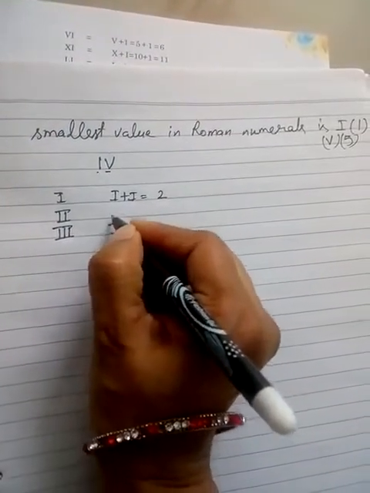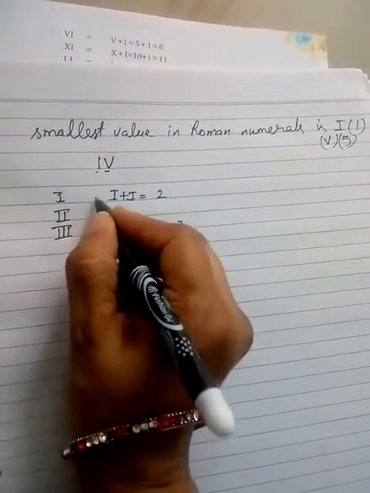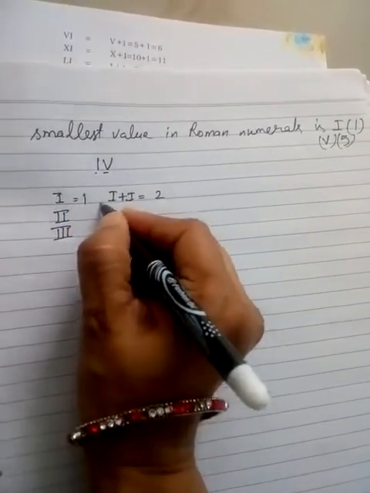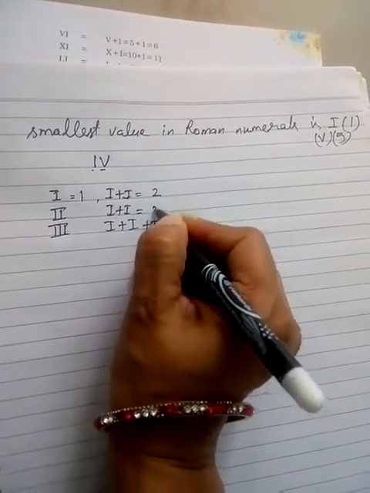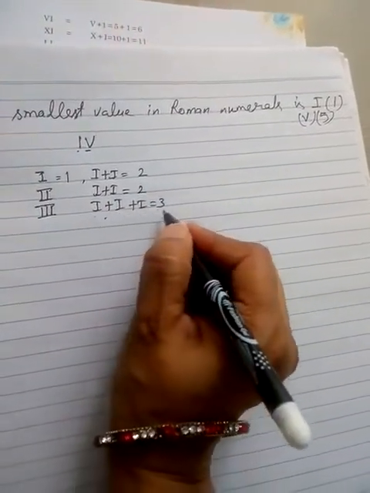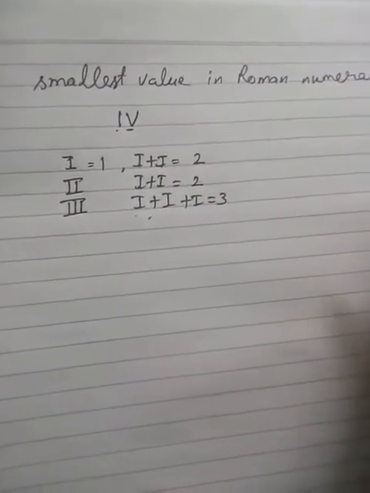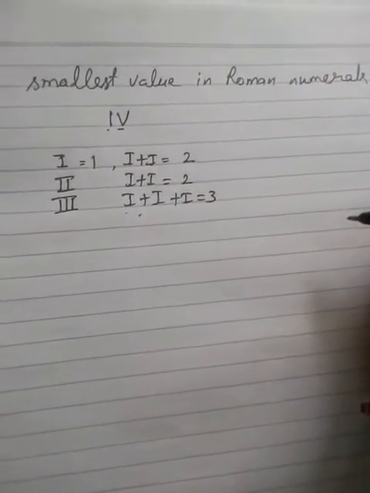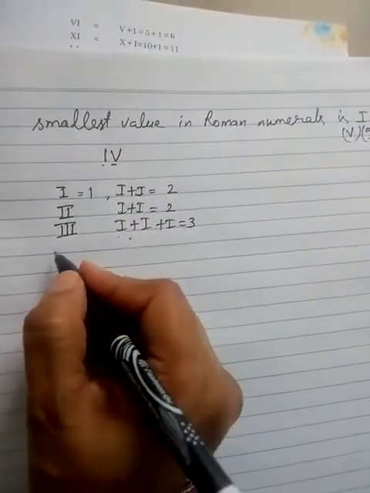I stands for 1, so 2 I's stands for 2 and 3 I's stands for 3. Okay, but you can't repeat a Roman numeral more than 3 times.